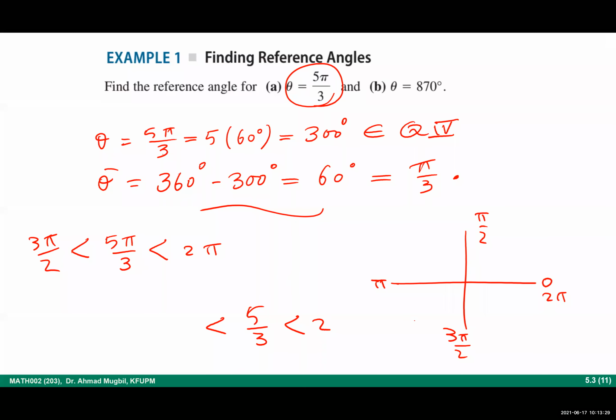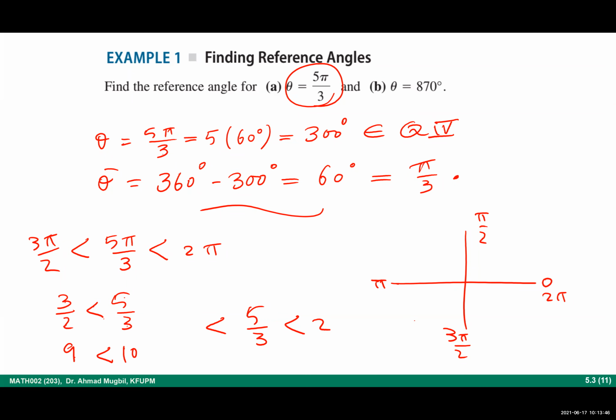How to check? Compare with 3 pi over 2. Which one is bigger, 3 over 2 or 5 over 3? To know, cross multiply. 3 times 3 is 9, 2 times 5 is 10. So 9 is less than 10, so 3 over 2 is less than 5 over 3. What is the meaning that it is greater than 3 pi over 2 and less than 2 pi? This means that this one is in the fourth quadrant.